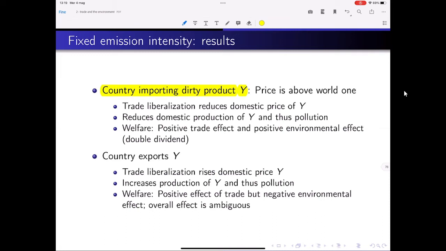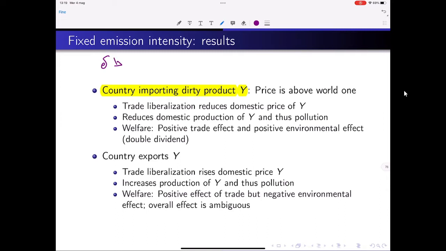Now consider the importing good. Now remember, the importing good is paying a price larger than the world price. And therefore the price is going to decline as trade frictions decrease.